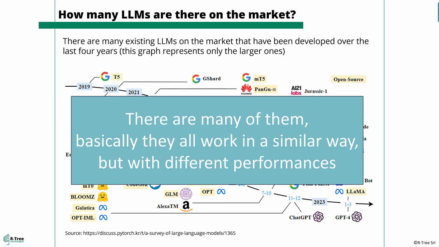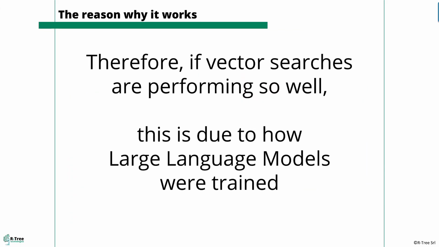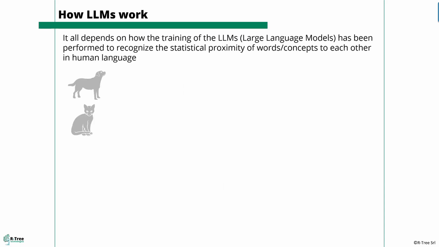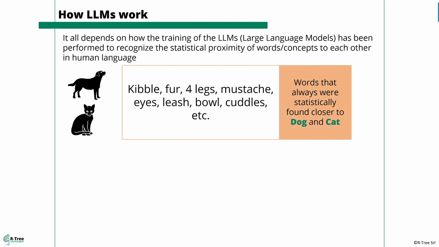But with different performances. Therefore, if vector searches are performing so well, this is due to how large language models were trained. Indeed, during the training phase, dog and cat were always found close to statistically similar cognitive concepts. In these contexts, dog and cat were found close to words like kibble, fur, forelegs, mustache, eyes, leash, bowl, cuddles, and many more.